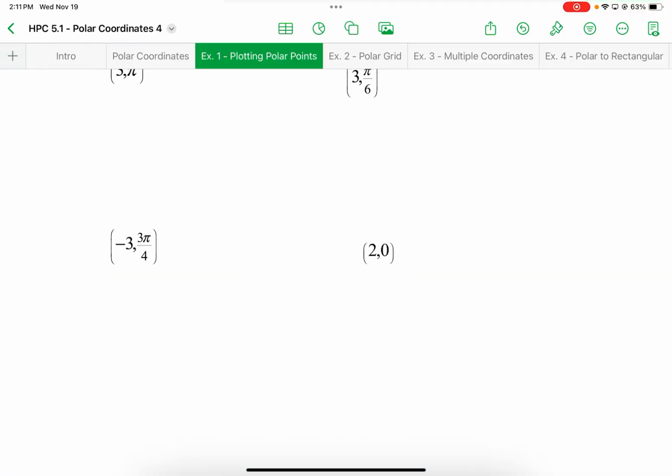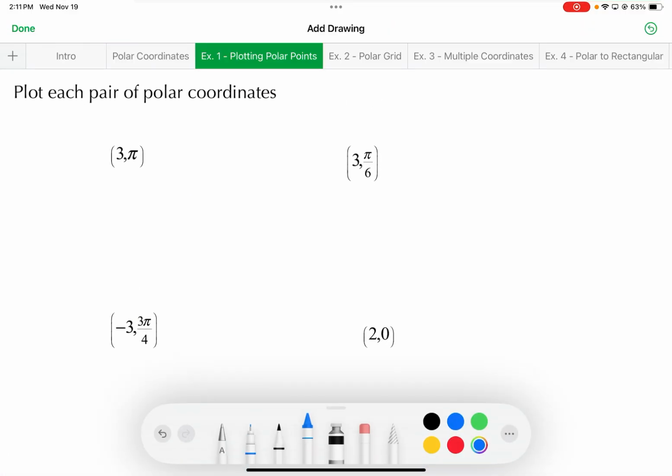We're going to do these without the grid right now, and this is how you're going to want to do it on the homework problems. Okay, 3 pi. We actually just did that one on the illustration here. So give me the initial side of your angle, which would be the polar axis.